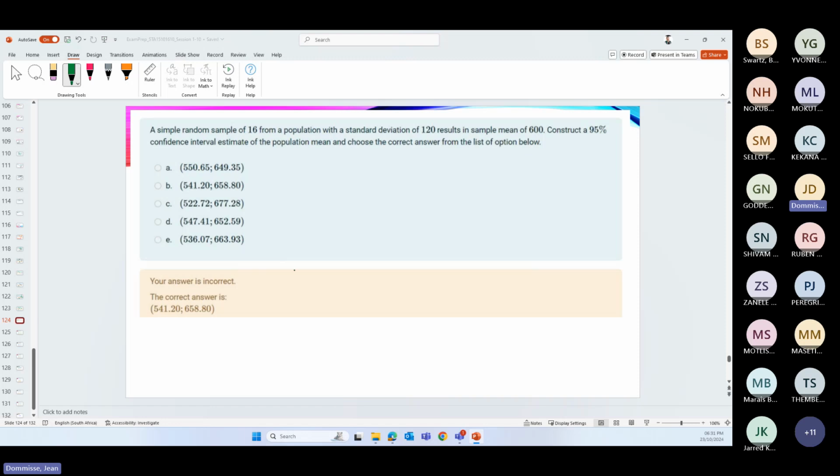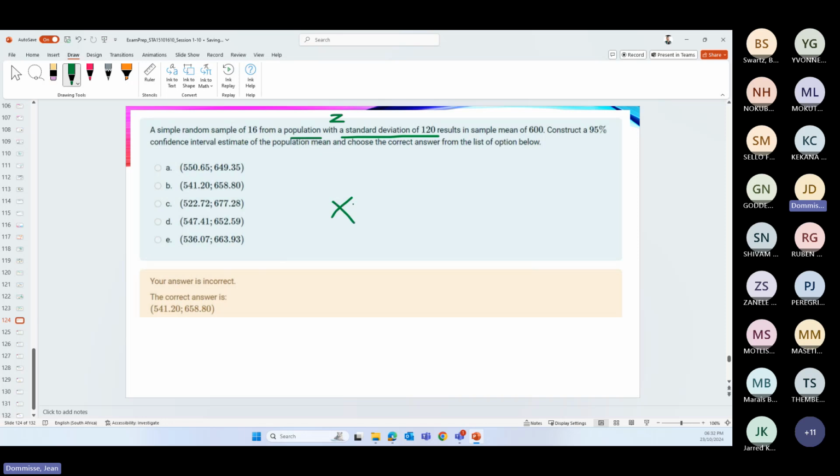Again, it's important that we first identify whether the population standard deviation is known or unknown, so that we know if we need to work with a Z or not. So: a simple random sample of 16 from a population with standard deviation. Okay, so we know it's a population standard deviation, so we know we can work with a Z.